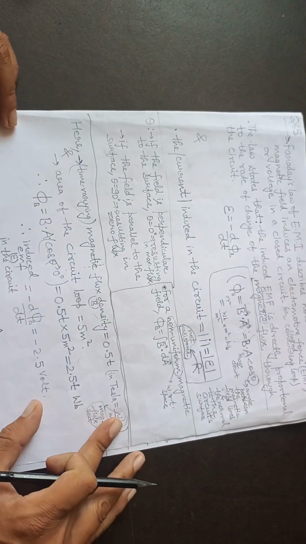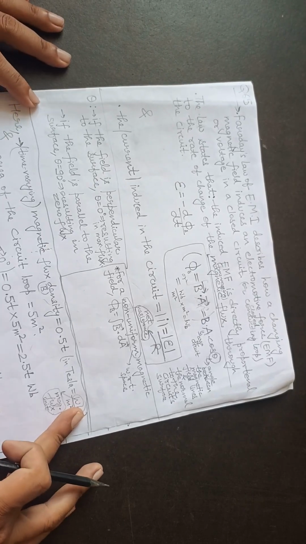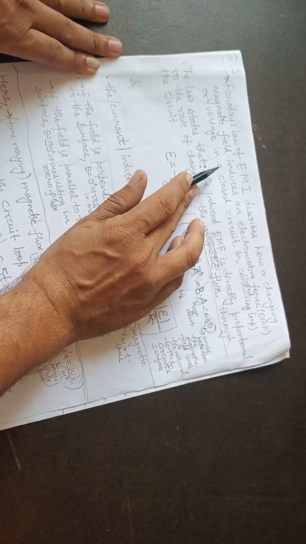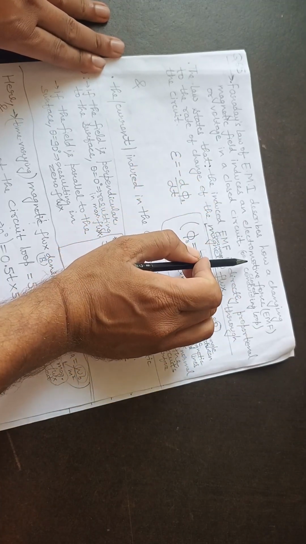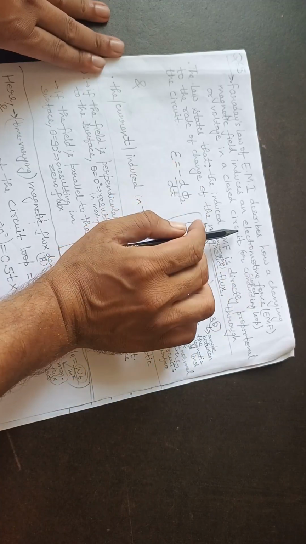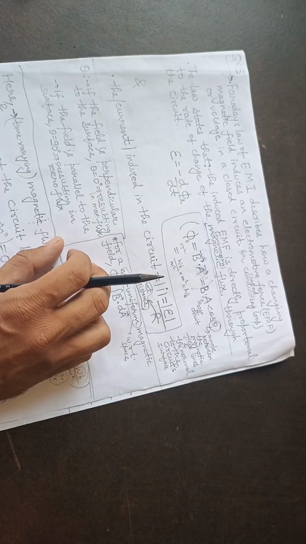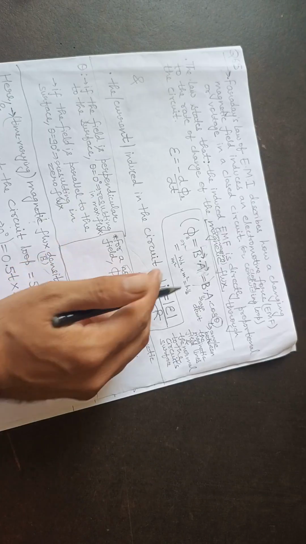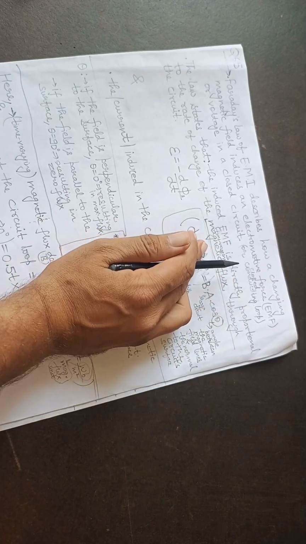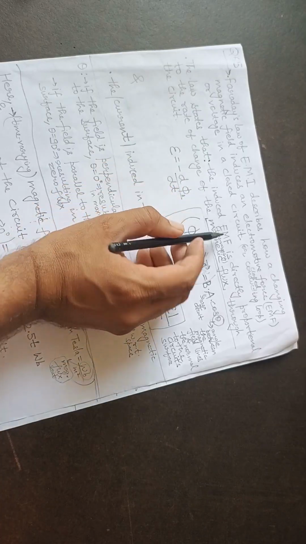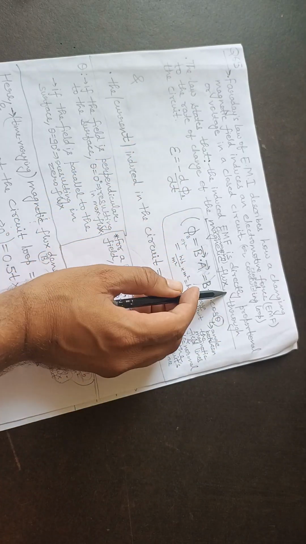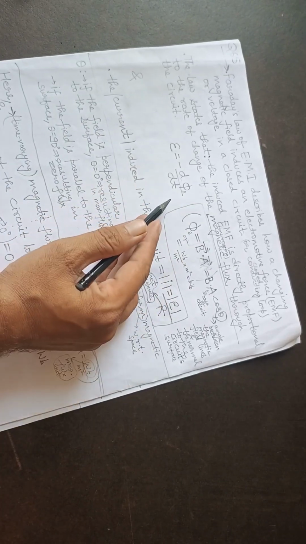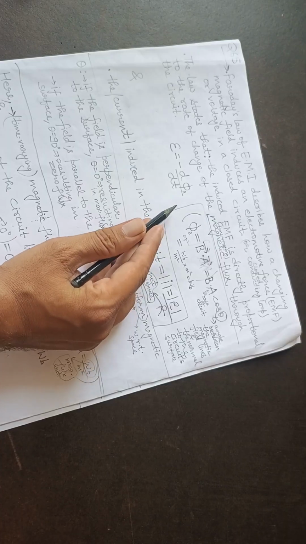So let's study some basics of Faraday's law first. Faraday's law of EMI, electromagnetic induction, basically describes how a changing magnetic field induces an electromotive force or voltage in a closed circuit or any closed conducting loop. So if the magnetic field changes, then an EMF or voltage will develop in the closed circuit. This law states that the induced EMF is directly proportional to the rate of change of magnetic flux through the circuit. How the magnetic flux changes with time will decide the induced EMF.